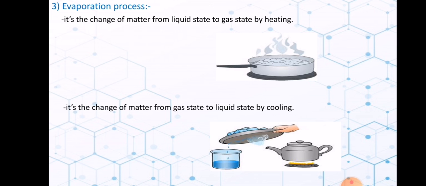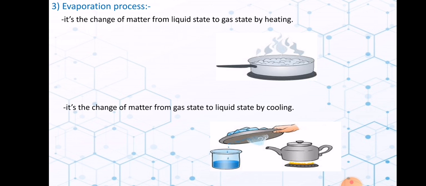If we bring a cover whose temperature is lower than the temperature of the teapot and put it over the teapot, the water vapor that goes out, once it hits the cover, will change from water vapor to water droplets. It will form water droplets on the surface of the cover.